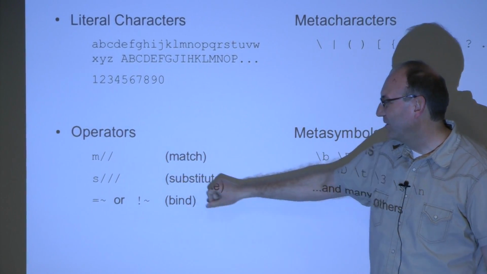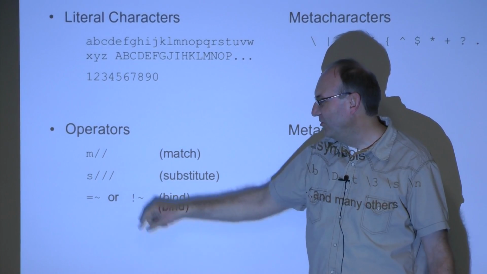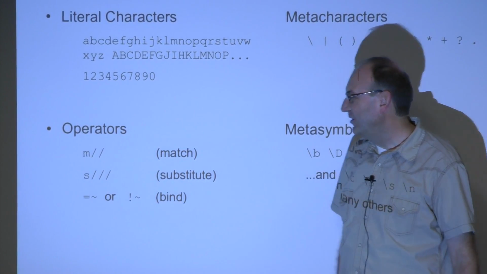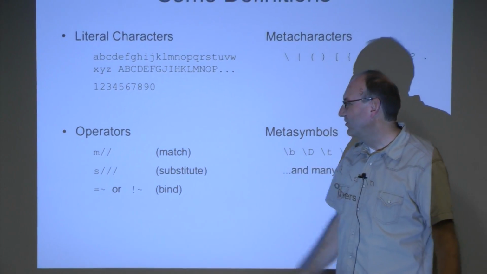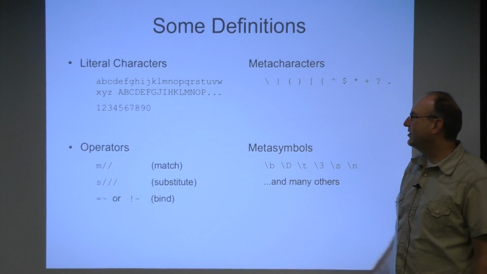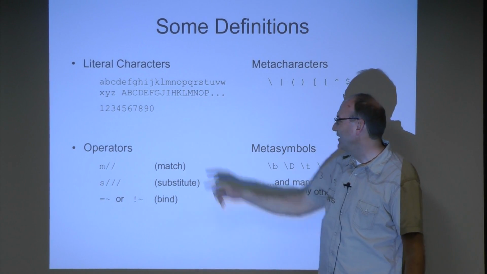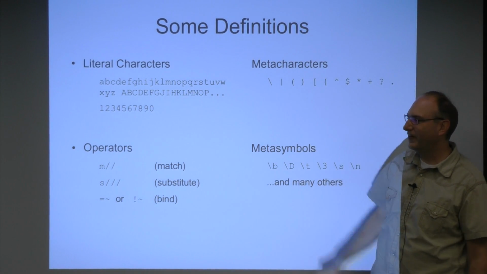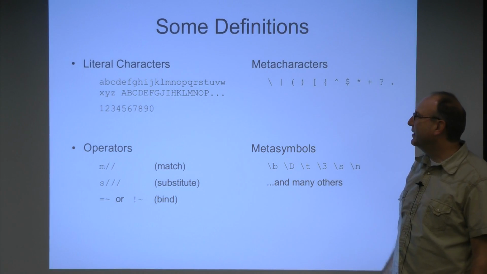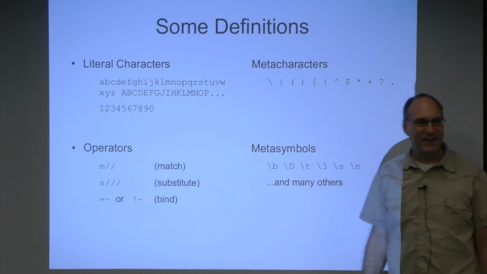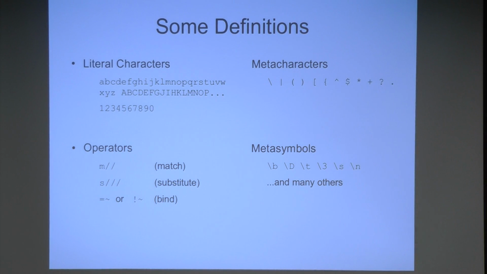In Perl, we're going to look at the matching operator, the substitution operator, and the binding operators, which are used to bind strings or text to the operators to perform the matches. Anytime you want to give a literal character special meaning, you put a backslash in front of it. And just about any time you want to give a meta character literal meaning, you put a backslash in front of it. If you want to give a backslash literal meaning, you put a backslash in front of that too, which is similar to strings in most languages.